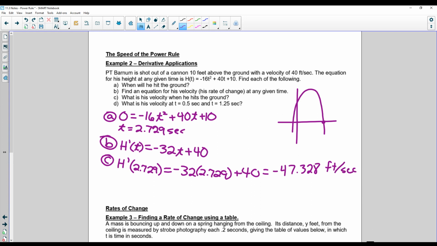That's going to hurt. I hope Mr. Barnum has a net, because hitting the ground at 47 feet per second is going to hurt.